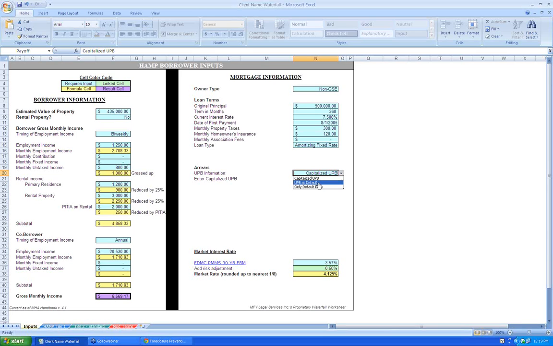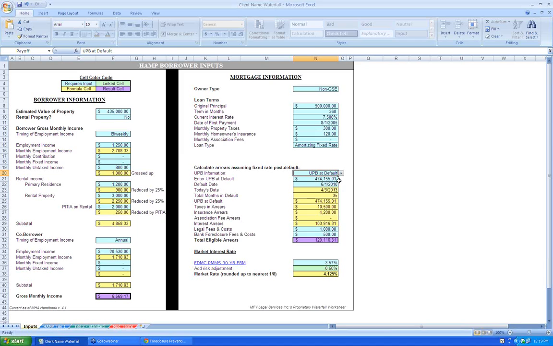Whereas if you do UPB at default, which is listed in all foreclosure complaints, and even if the person isn't in foreclosure, can be found pretty simply on the statement as the UPB, not as the interest arrears or other arrears.